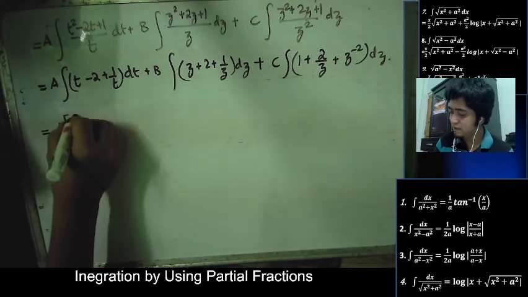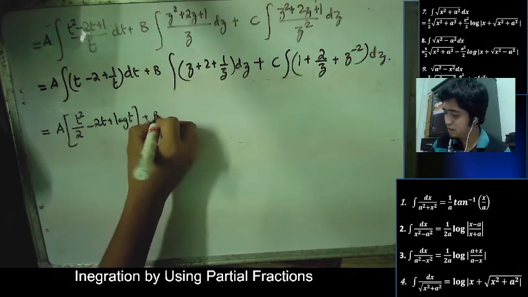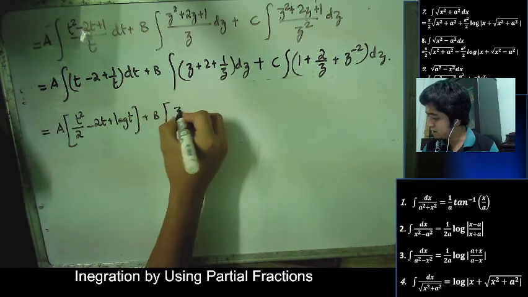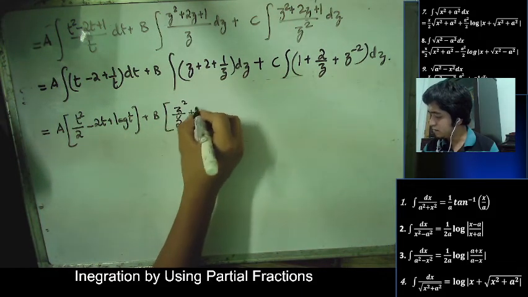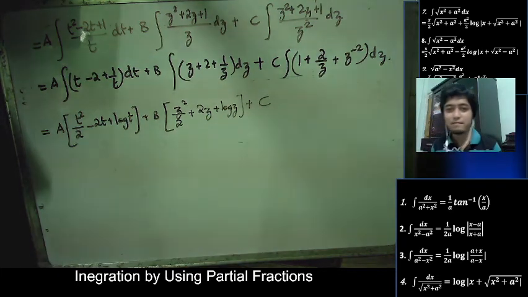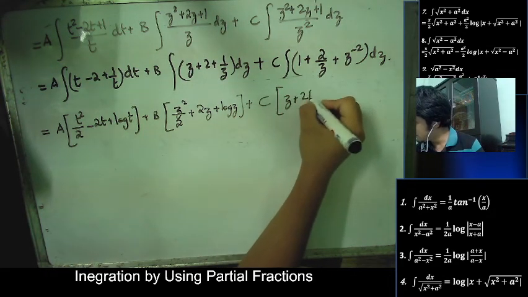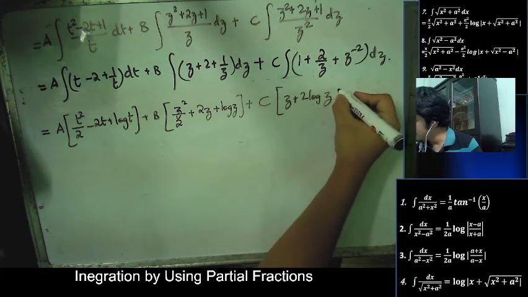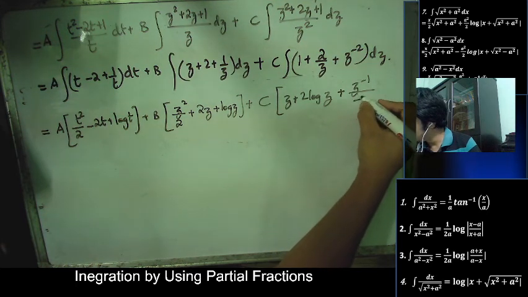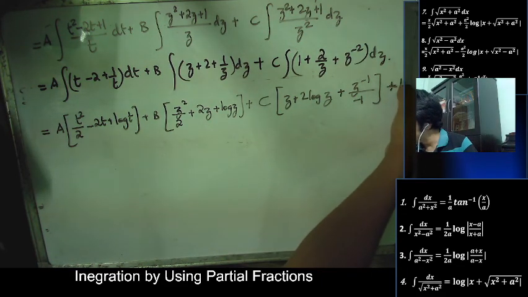So over here will be a times t square upon 2 minus 2t plus log t, plus b times z square upon 2 plus 2z plus log z, and over here you will be having c times integration of 1, which is z, plus 2 log z, and z power minus 1 divided by minus 1, plus you will be needing another constant, which is d.